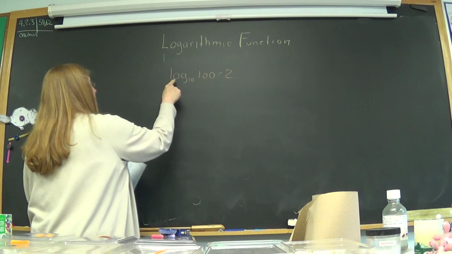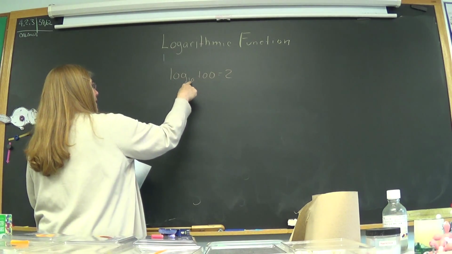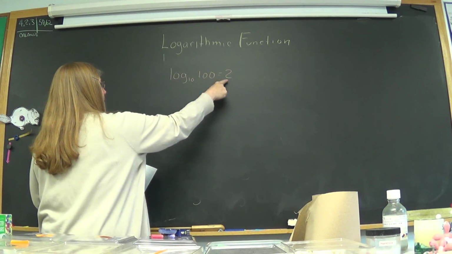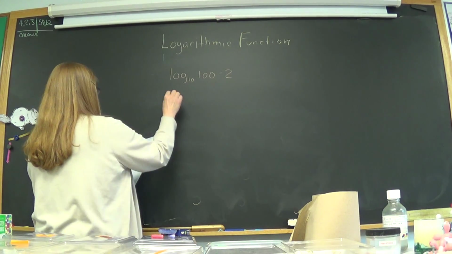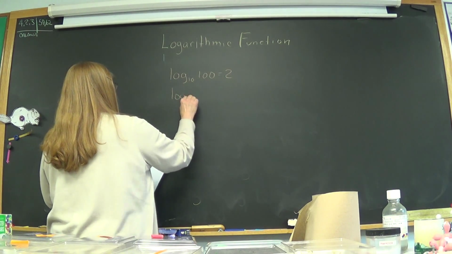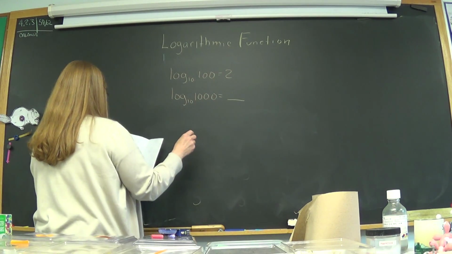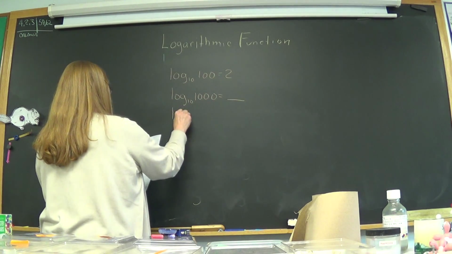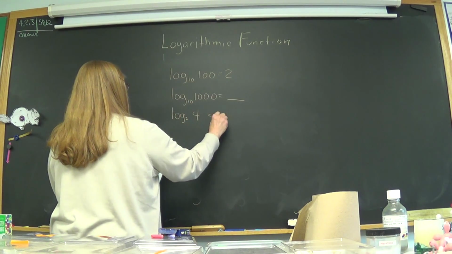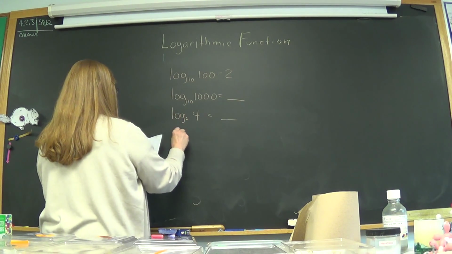So this is saying what exponent do I give 10 to get 100? And that exponent is 2. What if I do this one? Actually, if you would write down all of these examples and put in the answers, I'll come back and tell you what the answers are, and you can see how well you did.